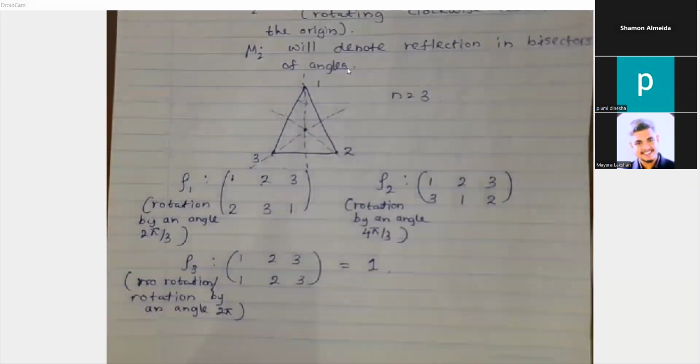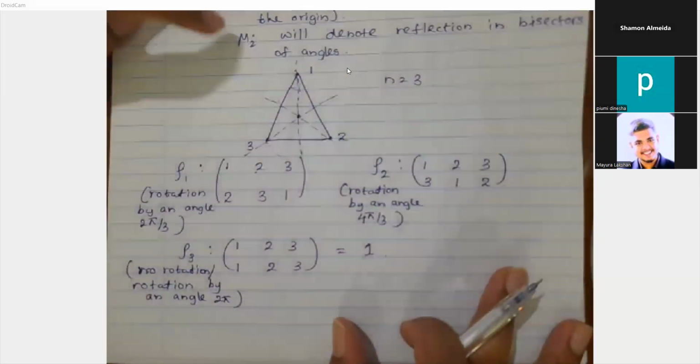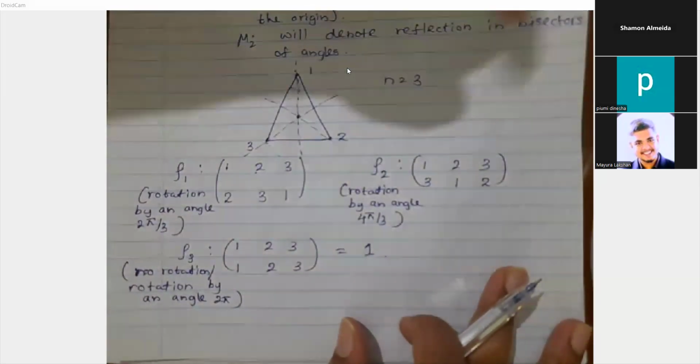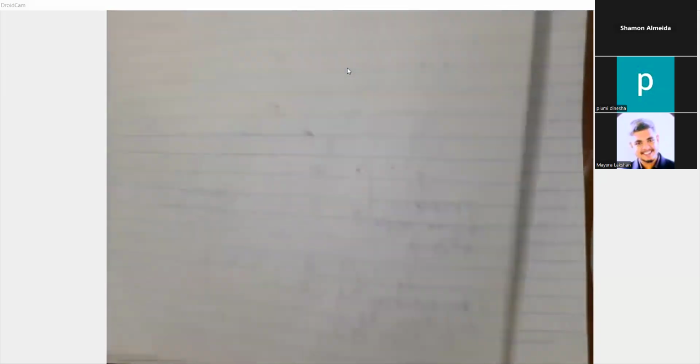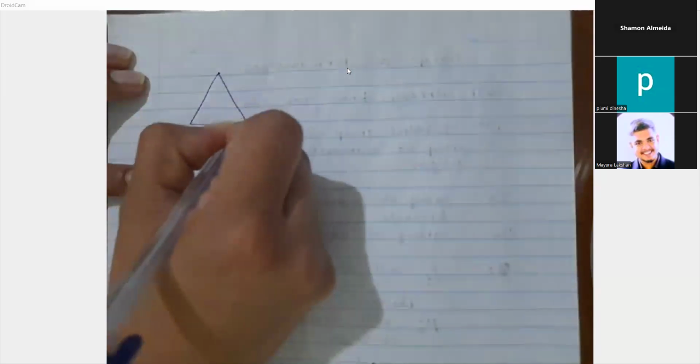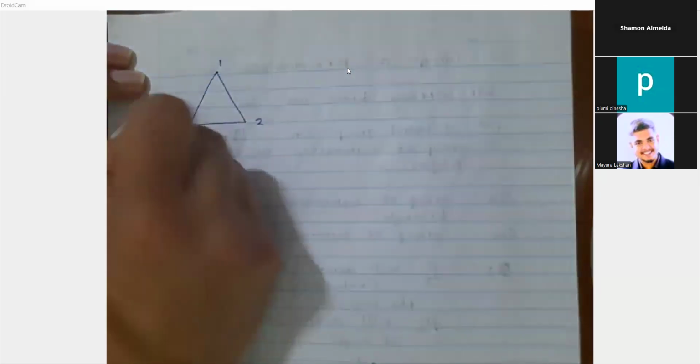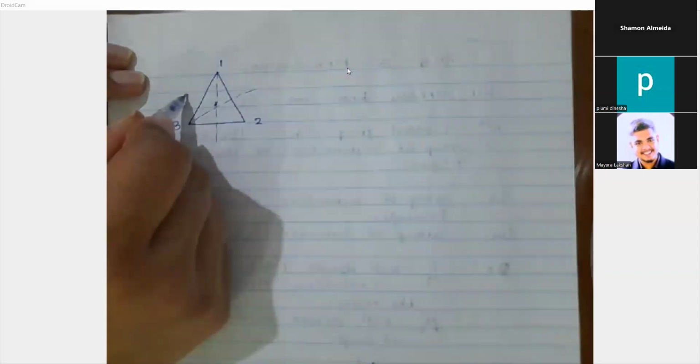Now, if we go to the reflections, mu i denotes the reflection in the bisectors. So let me write it separately. You have this equilateral triangle, 1, 2, 3. Let's say this is the origin. This is one bisector. This is another.